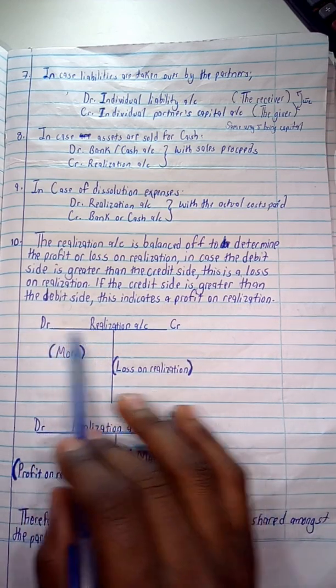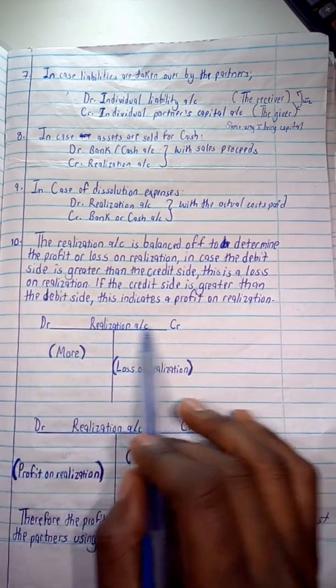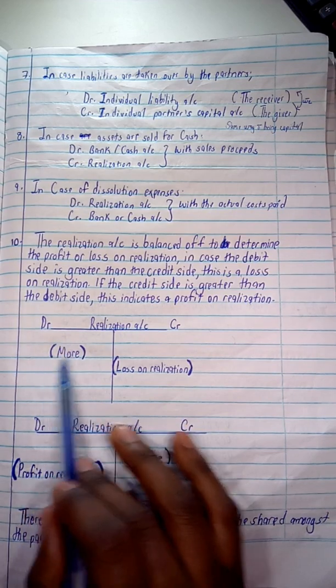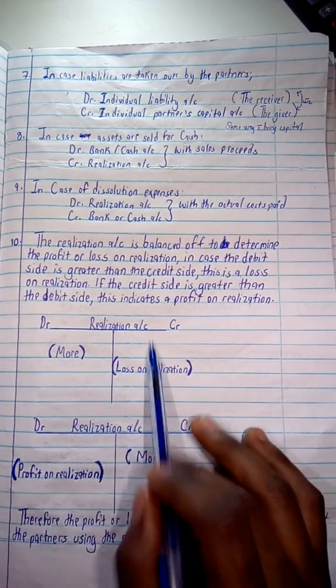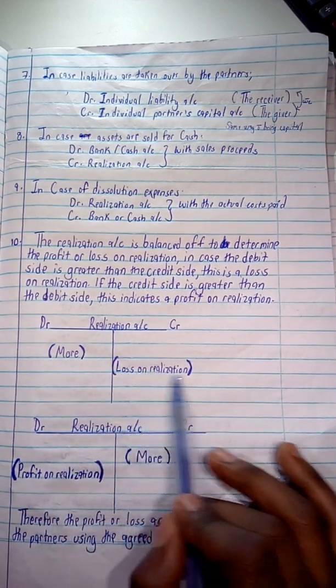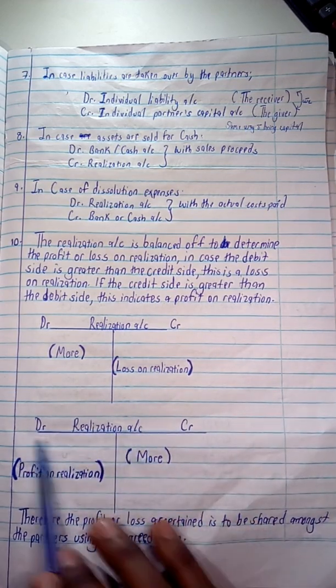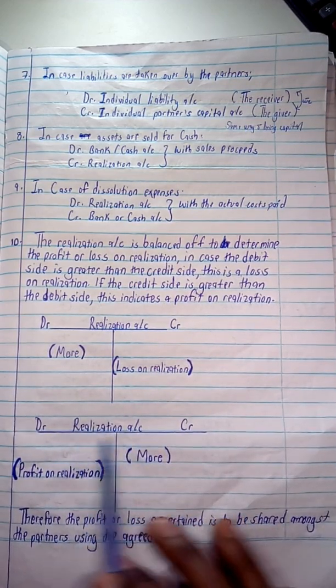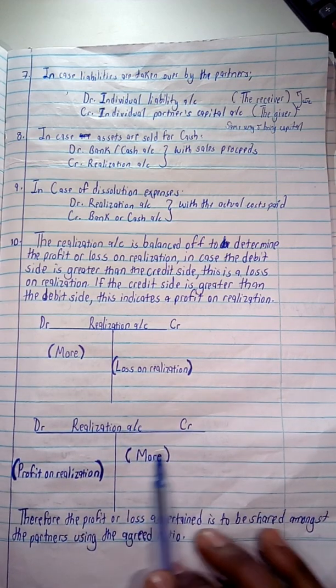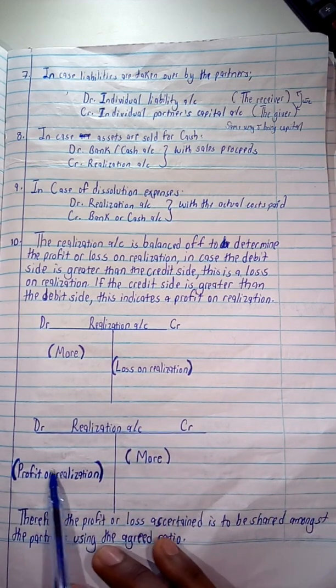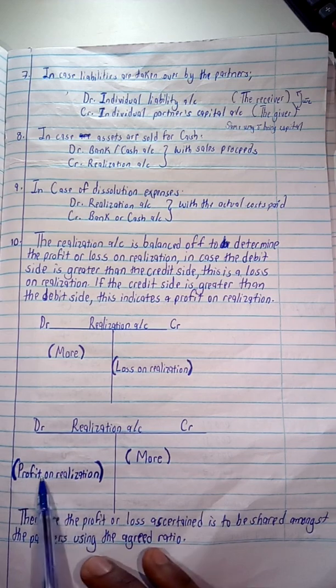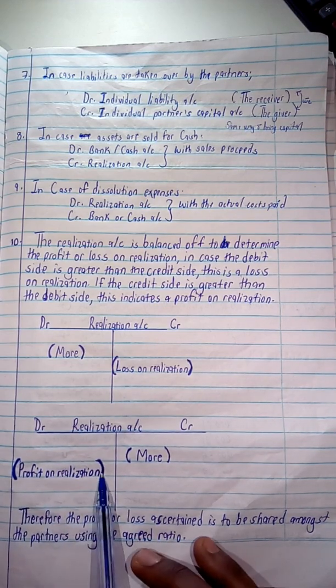So once I draw my T account of the realization account, if this side is more and this side is less, this will be a loss on realization to make this side balance. And if this side is more and this side is less, to make this side balance off, this will be my profit on realization.